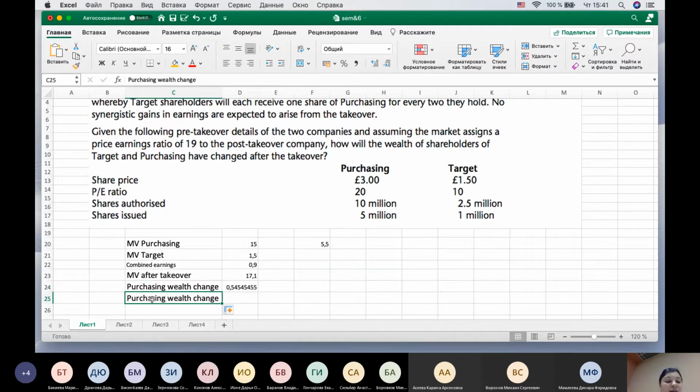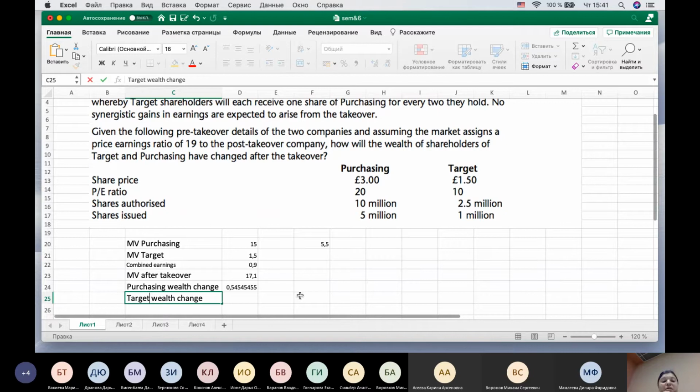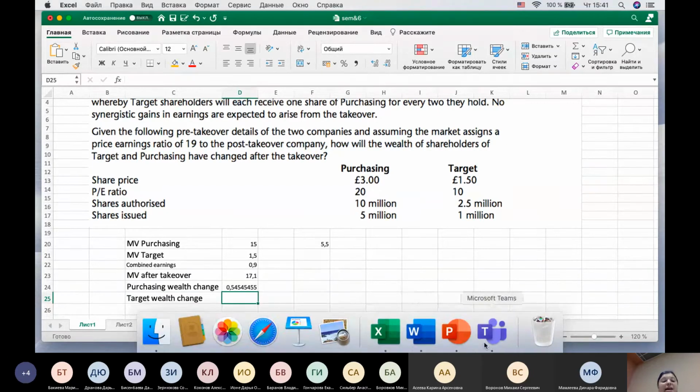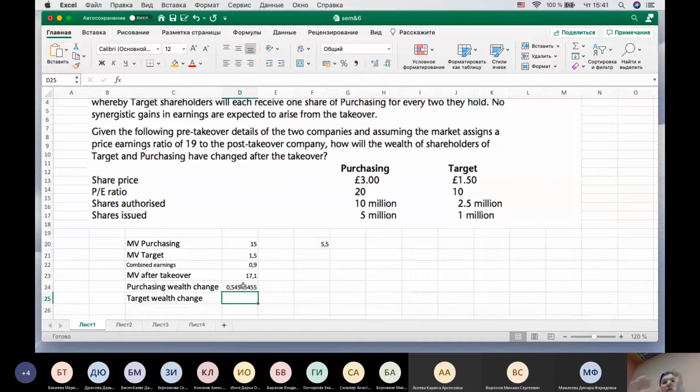The same calculation, but for our target wealth change. How could we calculate the target wealth change? The same, our part of market value of the purchasing company after takeover distributed to shareholders of target.